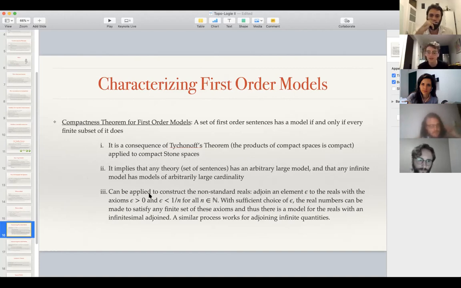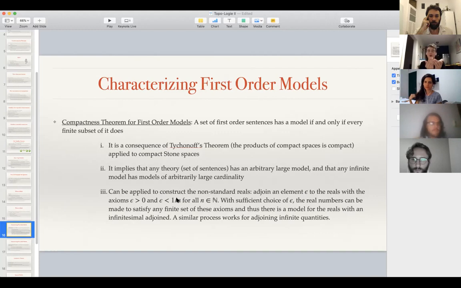You can actually use the compactness theorem to show that there is a model of the real numbers that has this weird element epsilon as well, which is both greater than 0 and smaller than every single fraction 1 over n. So it's always going to be smaller than any real quantity greater than 0, but it's also going to be greater than 0.